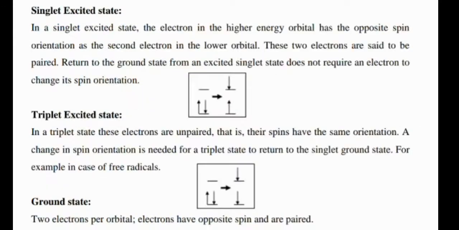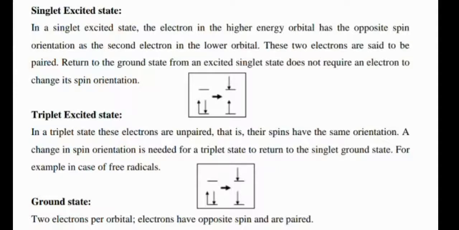Now we are going to see what the singlet and triplet states are. In a singlet excited state, an electron in the higher energy orbital has the opposite spin orientation to the second electron in the lower orbital. These two electrons are said to be paired. Return to the ground state from an excited singlet state does not require an electron to change its spin orientation.